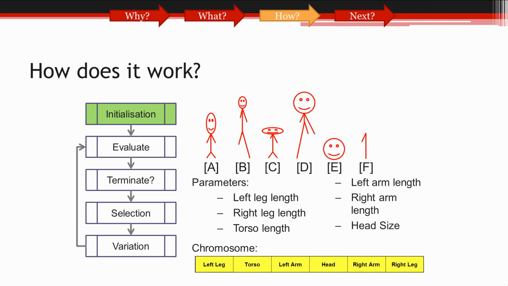Here we have a population of 6 solutions, which I have labelled A through to F. Each solution is defined by its own chromosome, and here you can see that each chromosome stores 6 different genes. These describe the lengths of the arms, legs, torso, and the size of the head for each solution.